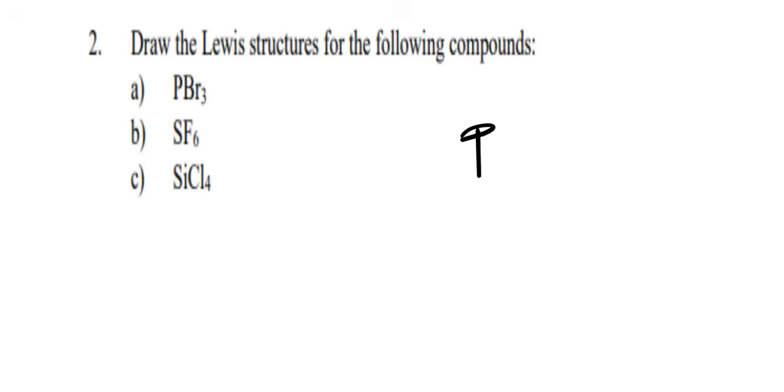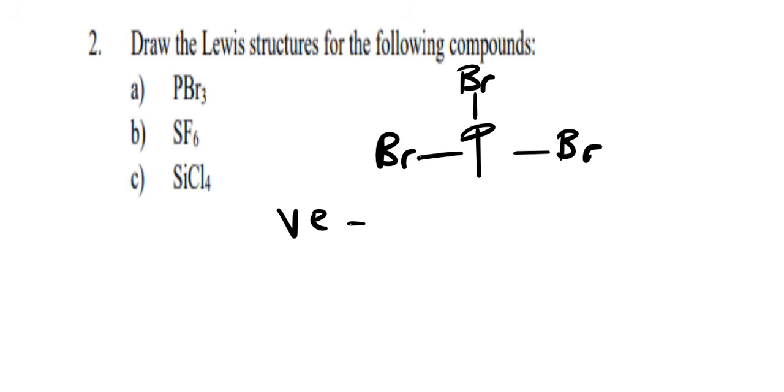We've got three bromine atoms, so we've got Br and Br and Br there. Even this side, bromine. Now we also have to consider the number of valence electrons and how these electrons are arranged. So valence electrons are those electrons that are in the outermost shell. You know that phosphorus has 5 valence electrons.